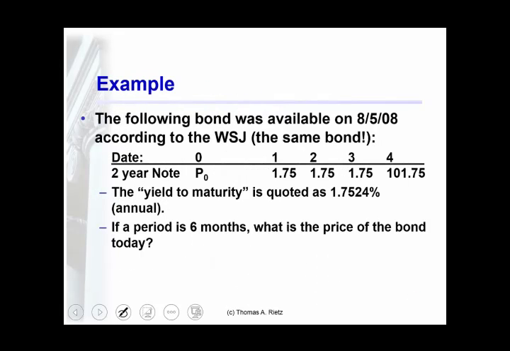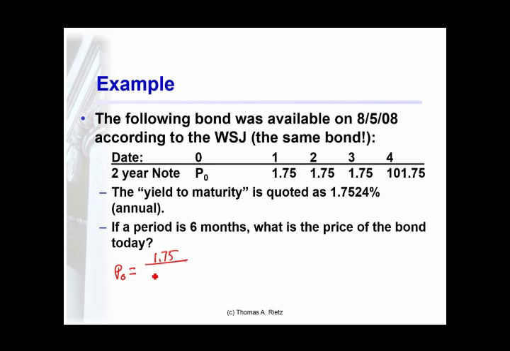So for example, if you have a coupon bond with payments of $1.75 every 6 months for 2 years, 4 periods, and the yield to maturity is quoted at 1.7524, the price can be found by taking the periodic payment divided by the periodic return.